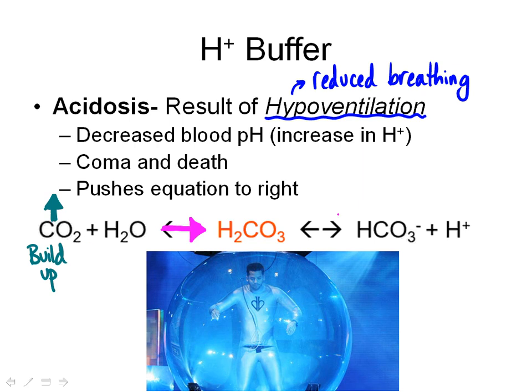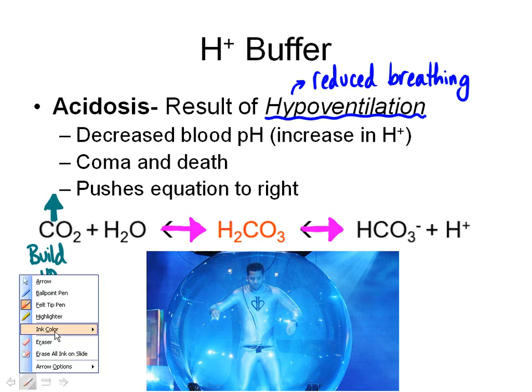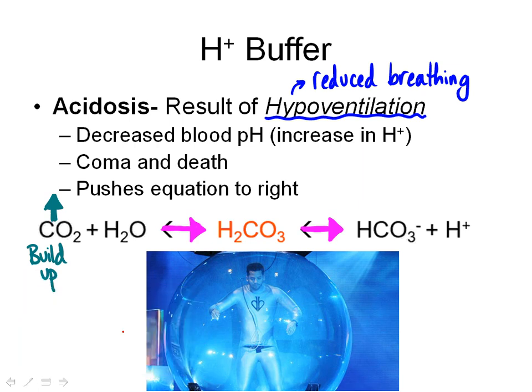You've got this buildup of CO2 and your body's trying to deal with that, so it starts pushing this equation to the right. So it takes CO2 and it starts binding it with water, and it makes lots of bicarbonate, and it makes lots of H+. And the making lots of bicarbonate's fine. That's not going to do anything to your pH levels. But all of a sudden, you start making too much H+.